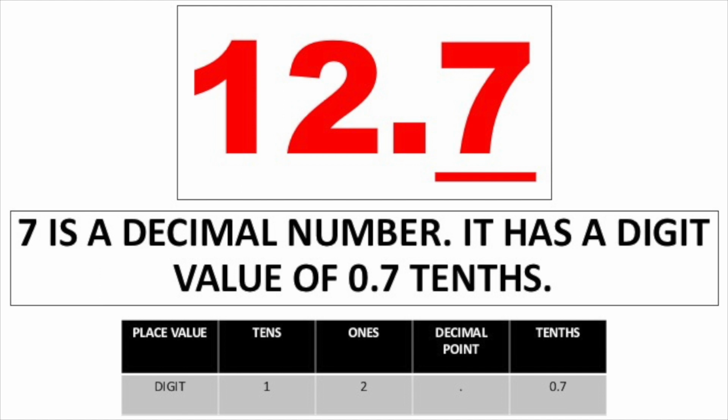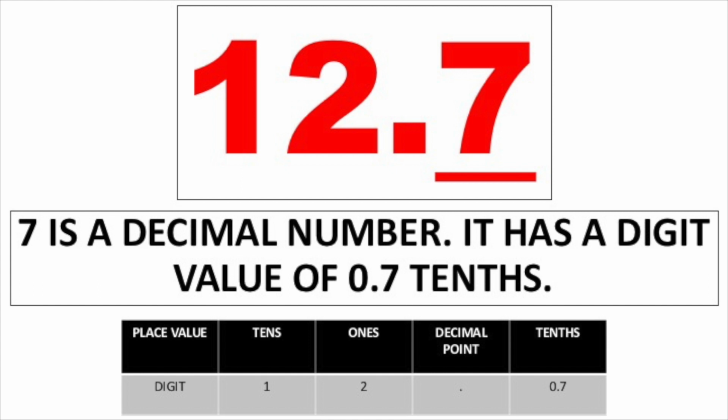So here, we see the decimal point. And what's the number after the decimal point? 7. Yes, you can see the number 7 after the decimal point. So we know 7 is a decimal number. It has a digit value of 0.7 tenths.